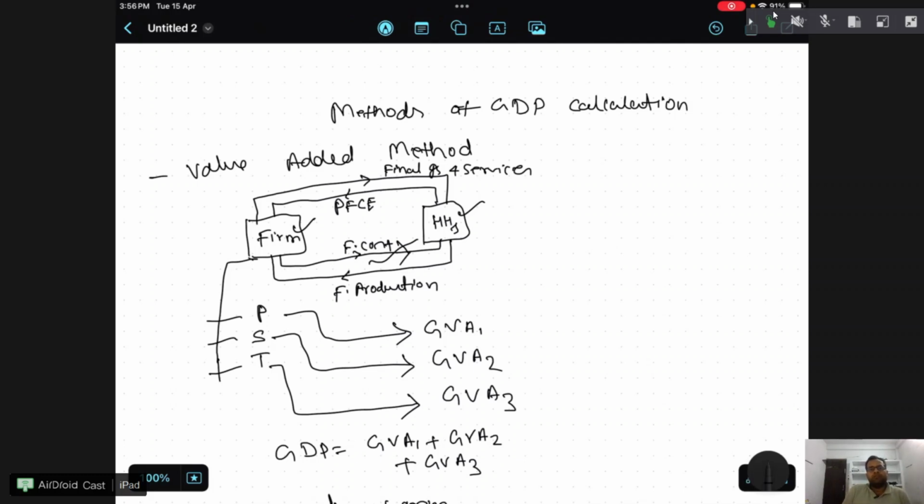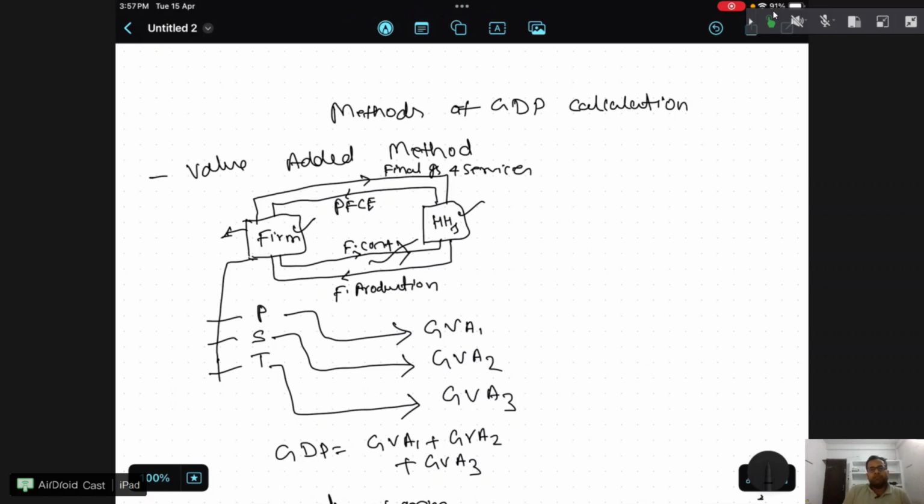So in order to calculate the income, we can go either by calculating the expenditure of one sector or by calculating the income of the other sector. So here in the value added method, what we do is find out the gross value of all final goods and services produced by the firm.